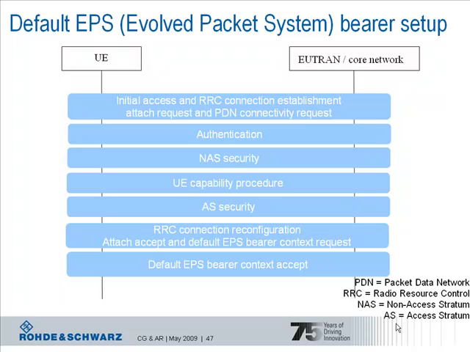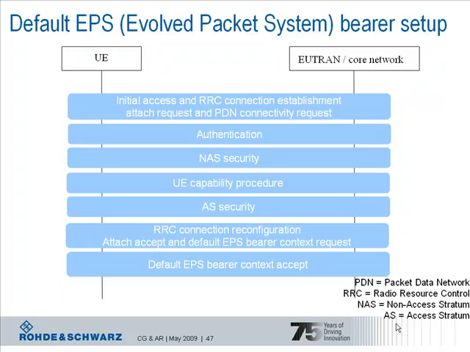The EPS bearer has to cross multiple interfaces to establish that connection: between the UE and the eNode B, between the eNode B and the serving gateway via the S1 interface, and between the serving gateway and the packet gateway. A lot of procedures have to be executed and a lot of information is exchanged between the network and the UE.